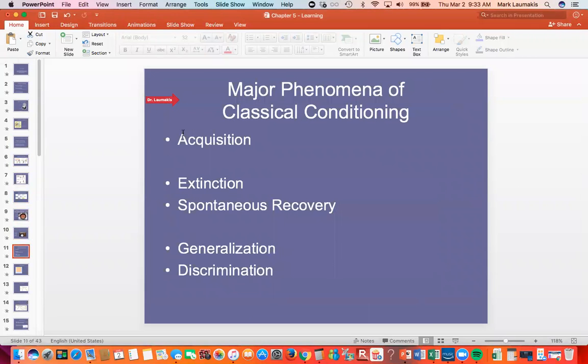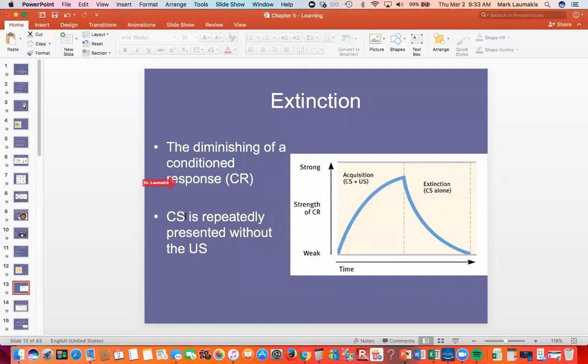In addition to those terms, we spent some time reviewing these major phenomena of classical conditioning. So we looked at a learning curve to depict acquisition. We talked in some detail about extinction, right? How do I get rid of a response that has shown up? And what we said there was the formula is to detach the two associated stimuli.